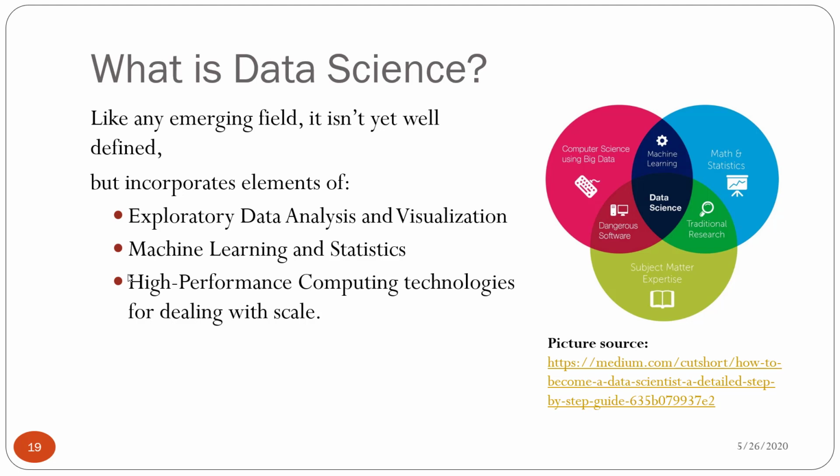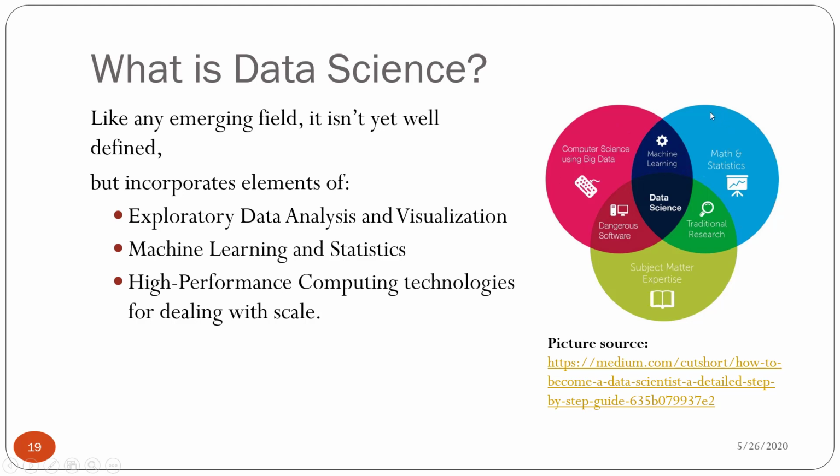I found this picture very interesting, which I have borrowed from an article on Medium. So what do we have here? Look at this diagram. We have 3 circles. The circle on the left, which I believe is in pink color, is computer science.